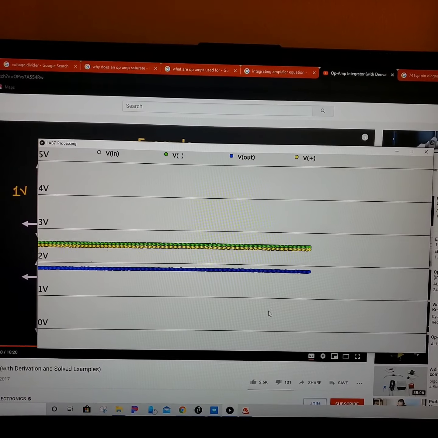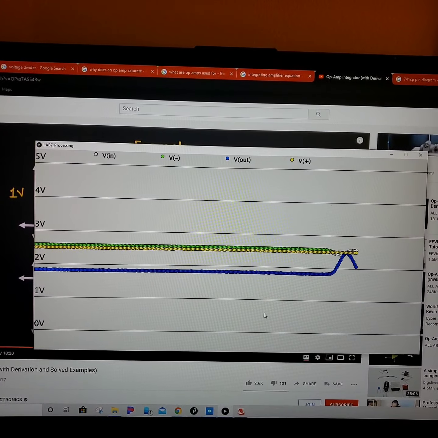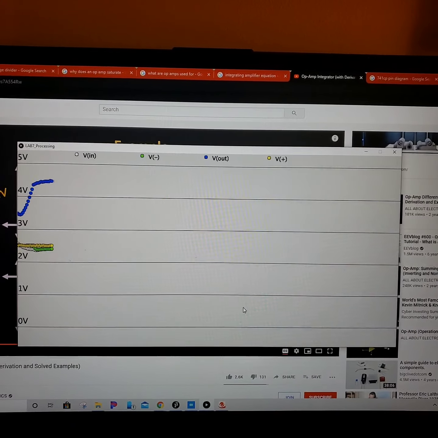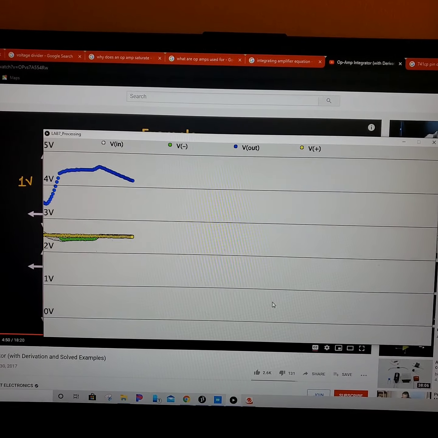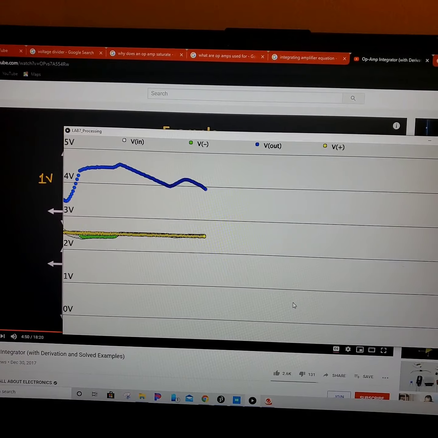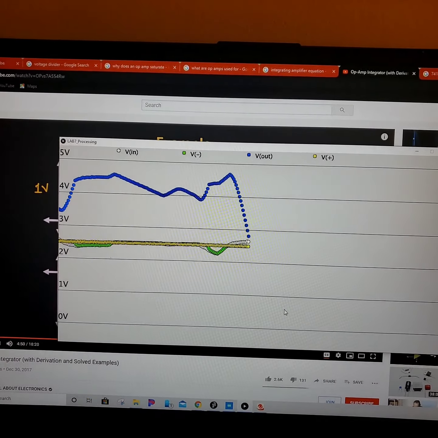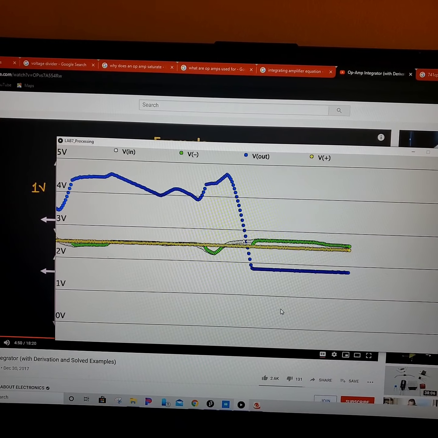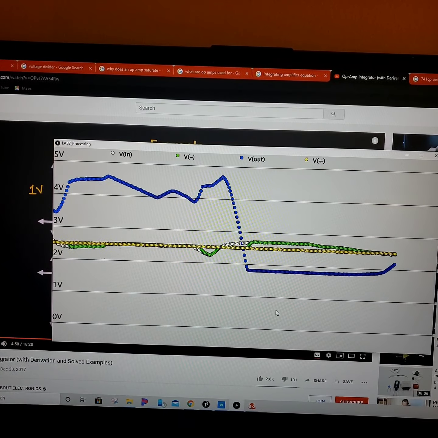So as you can see, with small changes in V in, we get large changes in V out, which is an impressive gain compared to the last 2 circuits. Also, let's see if I can get it to it.